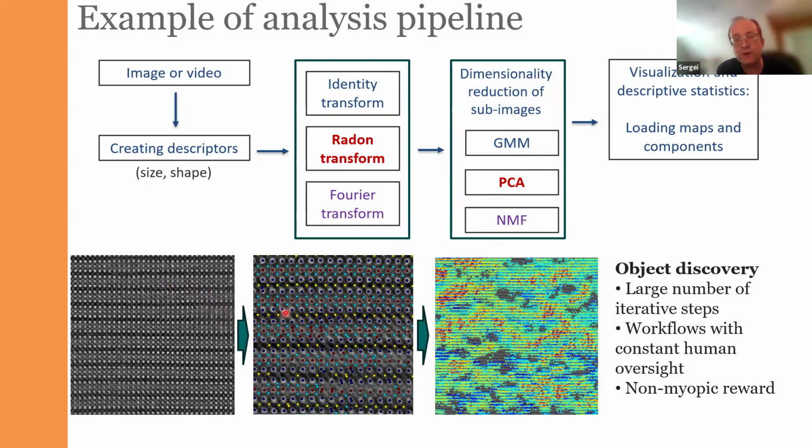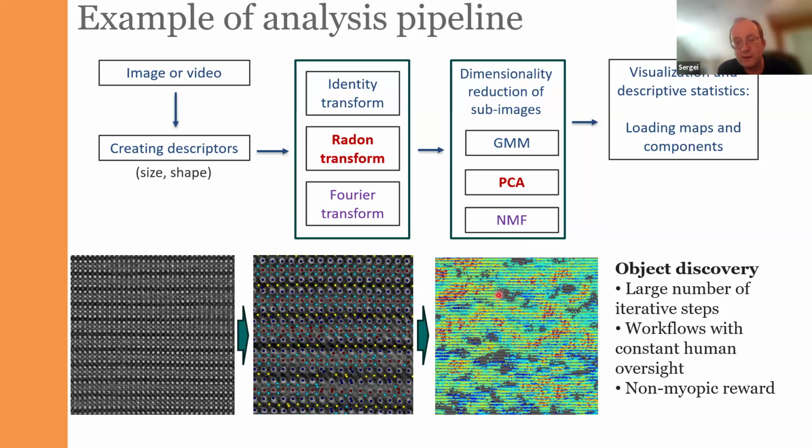It is possible to do that. If we spend enough time essentially playing the Lego game, trying different descriptors, different transforms, different dimensionality reduction methods, after a while we can easily find a representation like this.